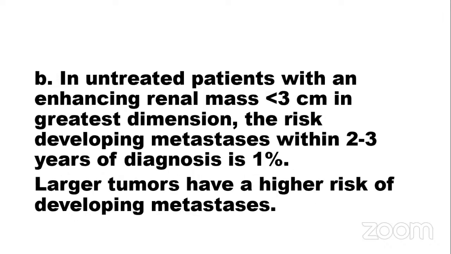In untreated patients with an enhancing renal mass less than 3 centimeters in greatest dimension, the risk of developing metastasis within 2 to 3 years of diagnosis is 1%. So 1% is the risk of developing metastasis for patients with a renal mass less than 3 centimeters within 2 to 3 years.